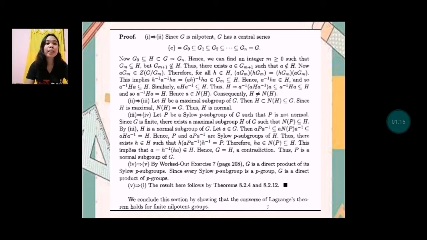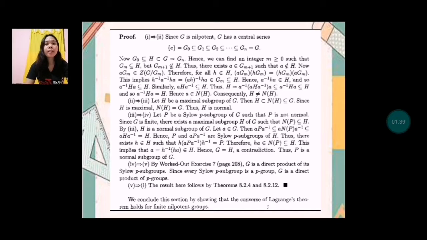Hence, we can find an integer m greater than or equal to 0 such that G_m is a subset of H, but G_{m+1} is not a subset of H. Thus, there exists an element a of G_{m+1} such that a is not an element of H.